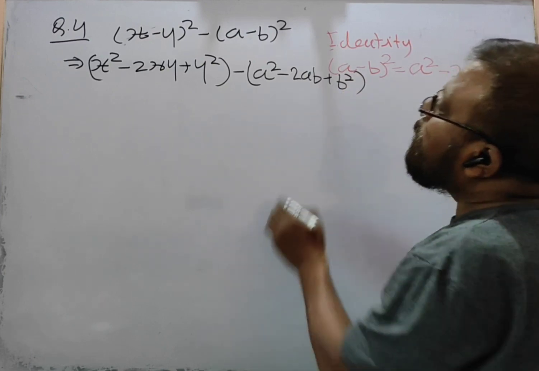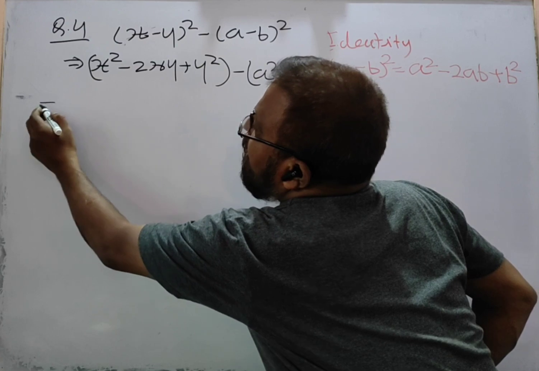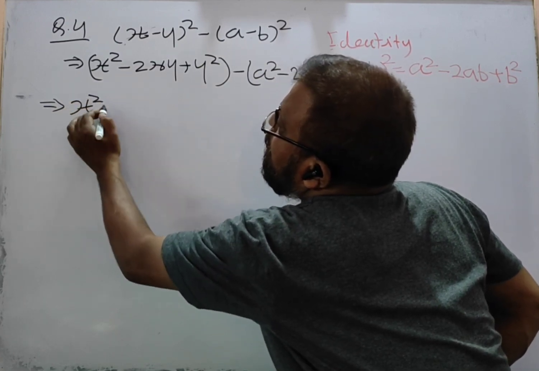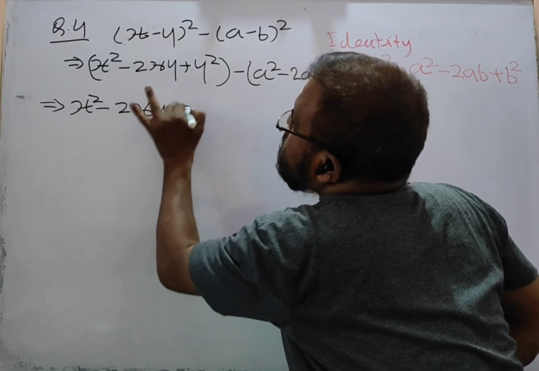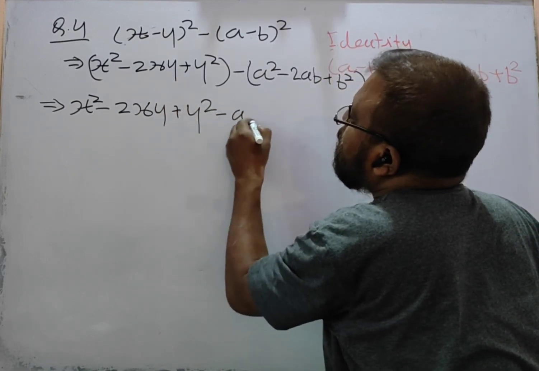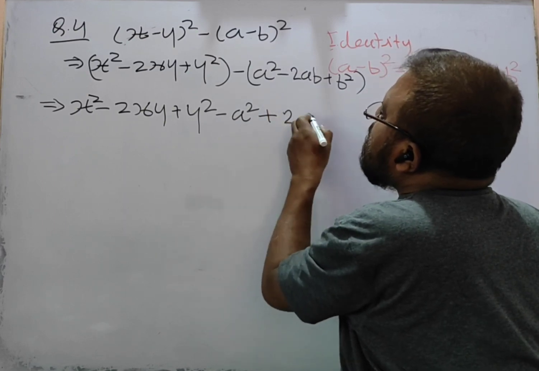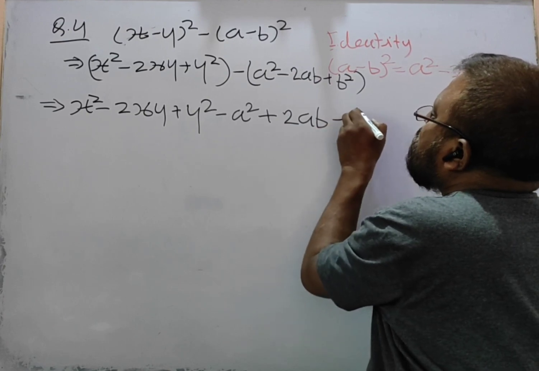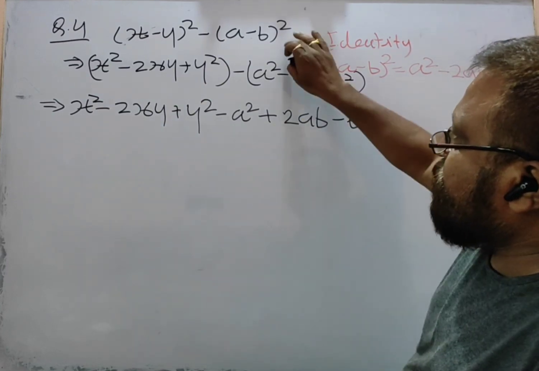Now when we remove the brackets, it becomes x square minus 2xy plus y square minus a square plus 2ab minus b square. So this is the expansion of the given equation.